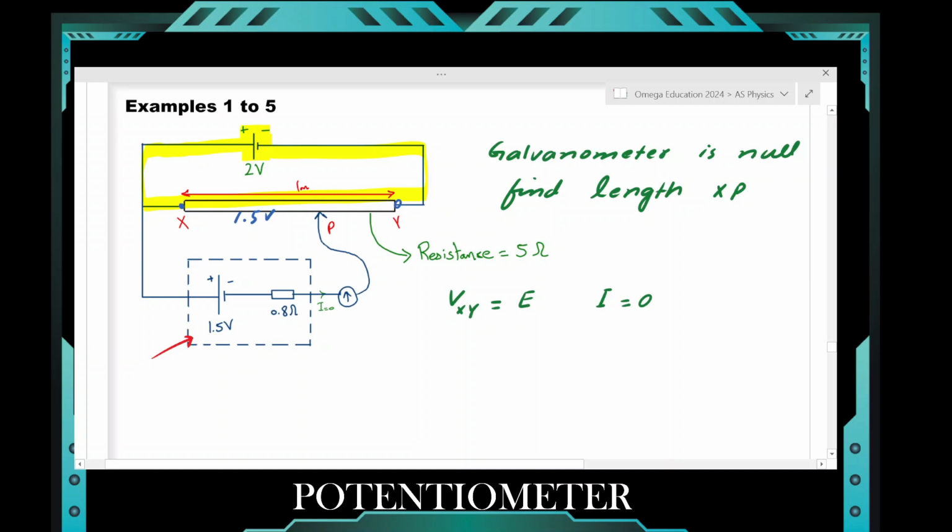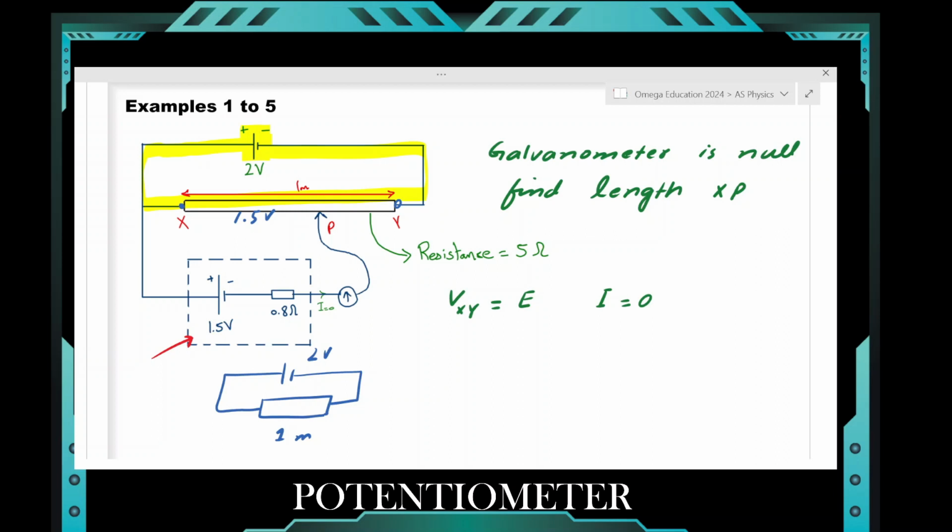Think about the wire XY just as a resistor. So you have 2 volts over here in the upper circuit. I'm going to draw the upper circuit in a simpler way. Just consider the wire XY as a resistor, which is 1 meter long. So 2 volts are provided across the wire XY, which is 1 meter long.